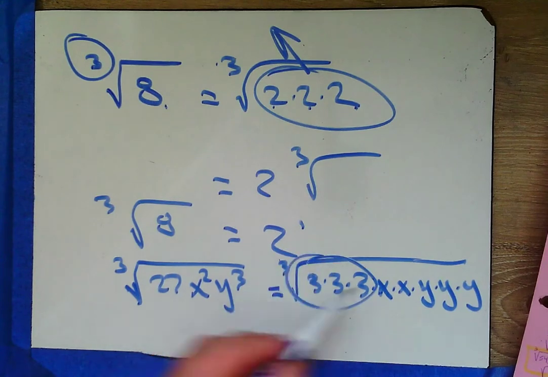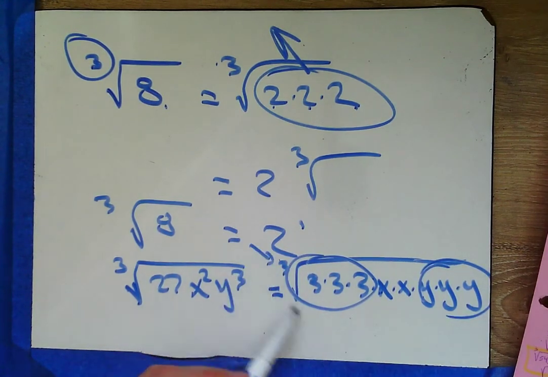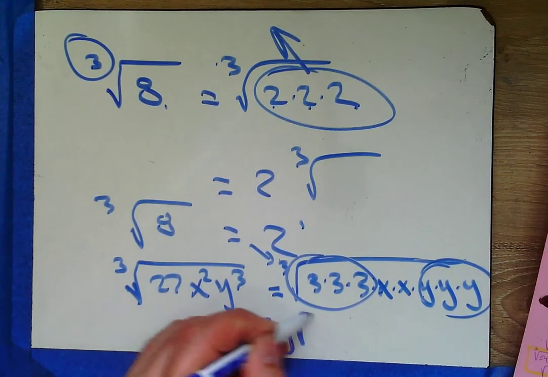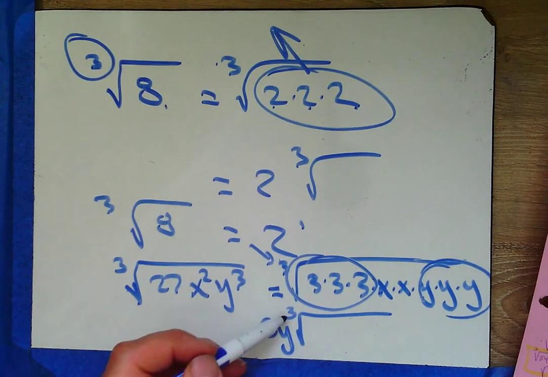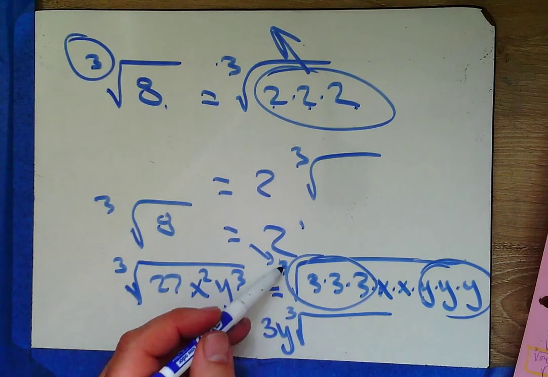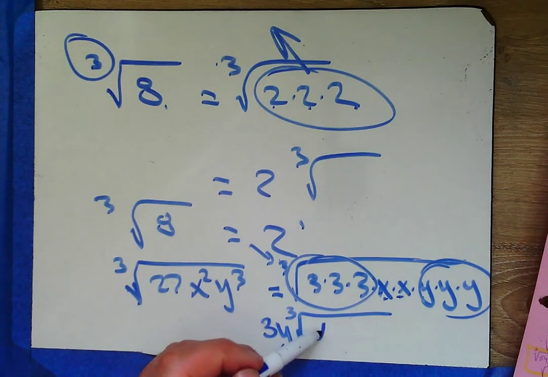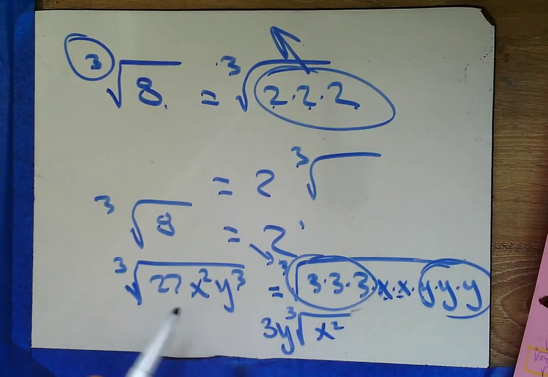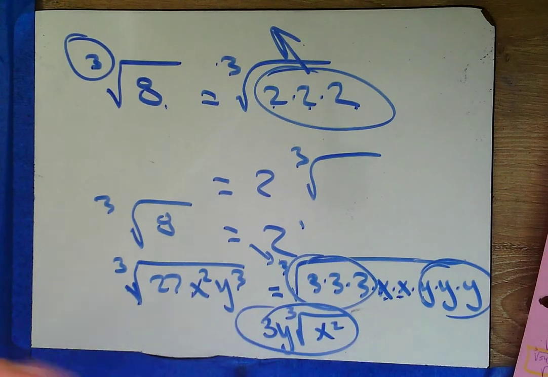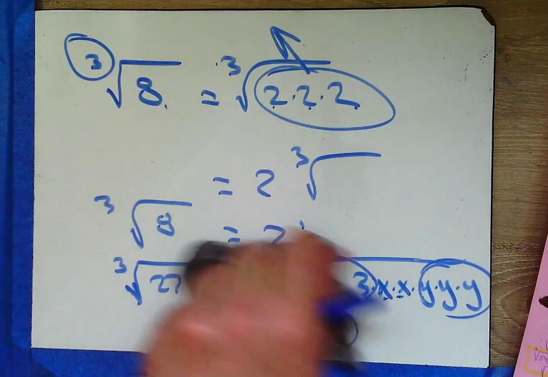I can take out a 3 and a y because my index is 3. Don't lose that. It's there. It's got to be on your answer. And these can't come out because I don't have 3 of them. So I'm just going to go back to x squared. There's my simplification.